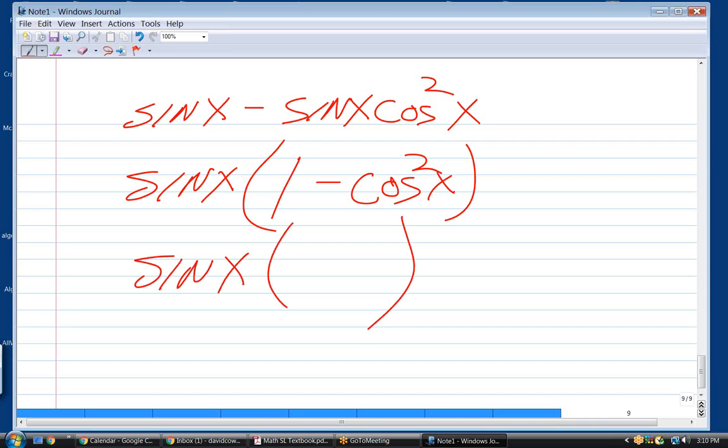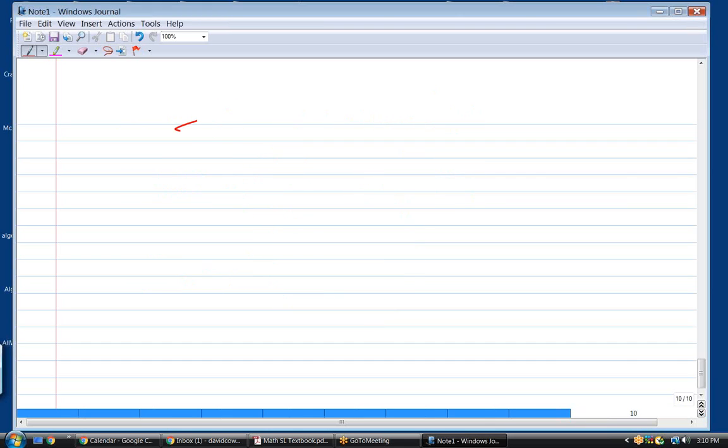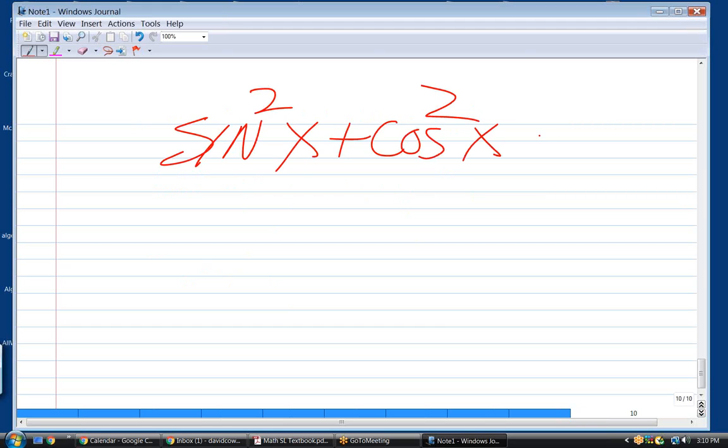Here's the one you want to be able to recognize quickly, because you're going to see it the most. Now, you're probably not going to see it like this. They're not going to give you a test and say sine squared plus cosine squared.